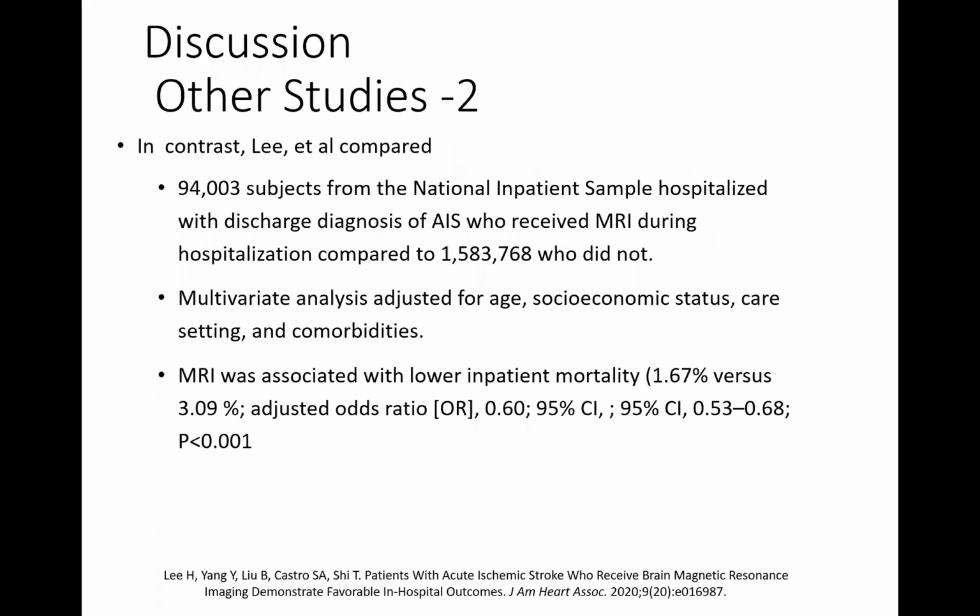This study was a bit different. This was a study from the National Inpatient Sample, and they looked at patients who received MRI or didn't during their hospitalization. They adjusted for age, socioeconomic status, care setting, and comorbidities. What's missing here is anything about stroke severity. They found that the people who got MRI had a lower mortality.